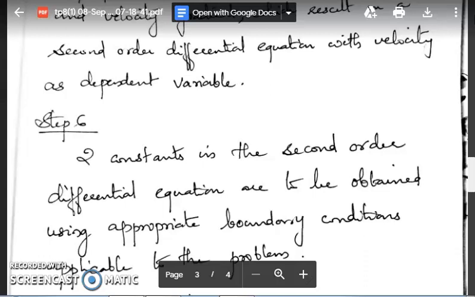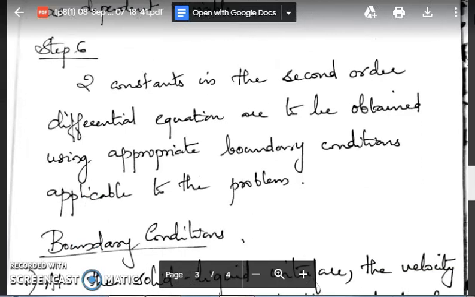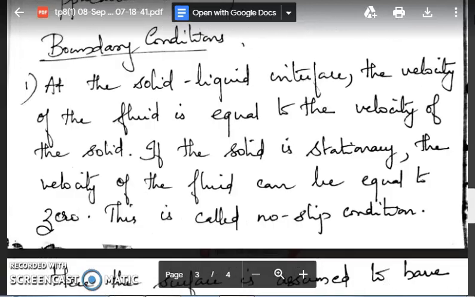And I have told you about the boundary conditions which are applicable. So the first boundary condition is, if in the question it is given that there is a solid liquid interface. In case of the solid liquid interface, always the velocity of fluid will be equal to the velocity of the solid. And if the solid is stationary, the velocity of fluid can be equal to 0.